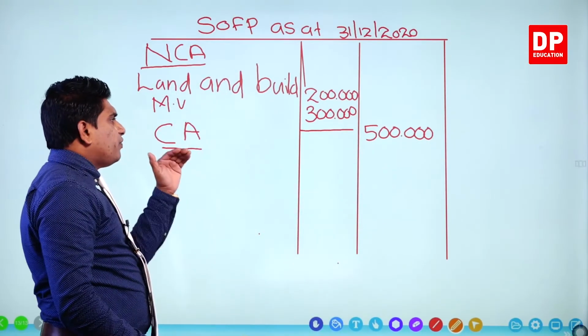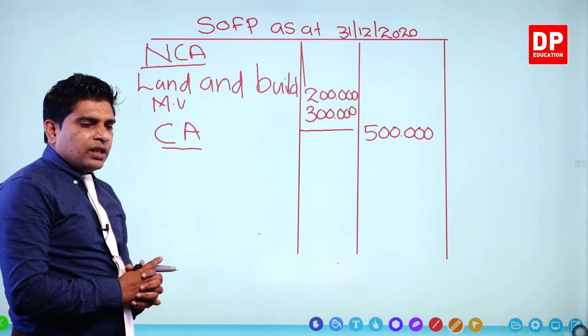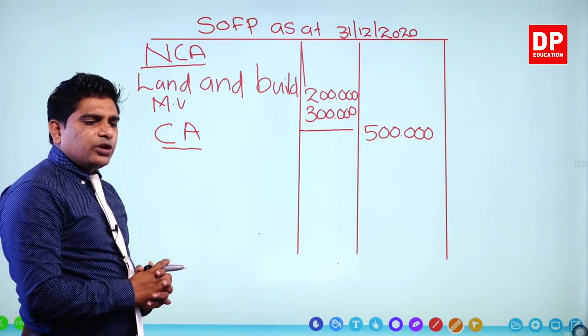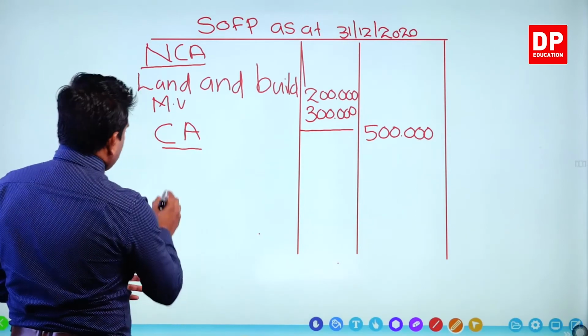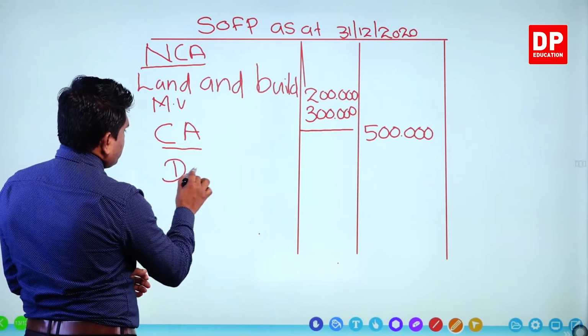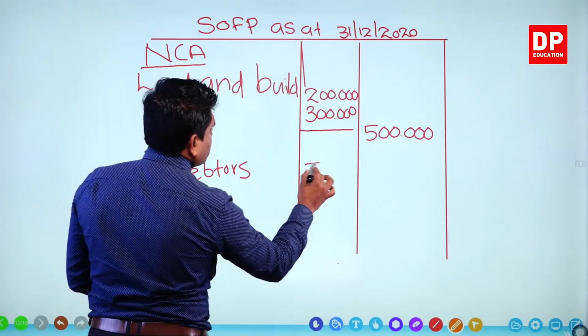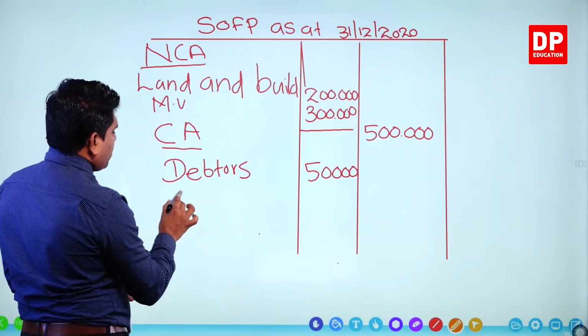Okay. Now we can take the details from current assets area, right? Under the current assets, there are two. What is that? Debtors and closing stock. Debtors 50,000. The other one is closing stock.